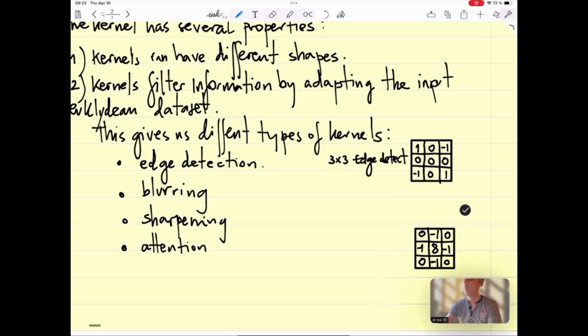Okay? So this is a 3 by 3 attention kernel. You see the differences? For the edge detection, we have the values in the edges. Here in the attention, we have the values in the center. The highest value will be the one in the middle, the one we're looking at.